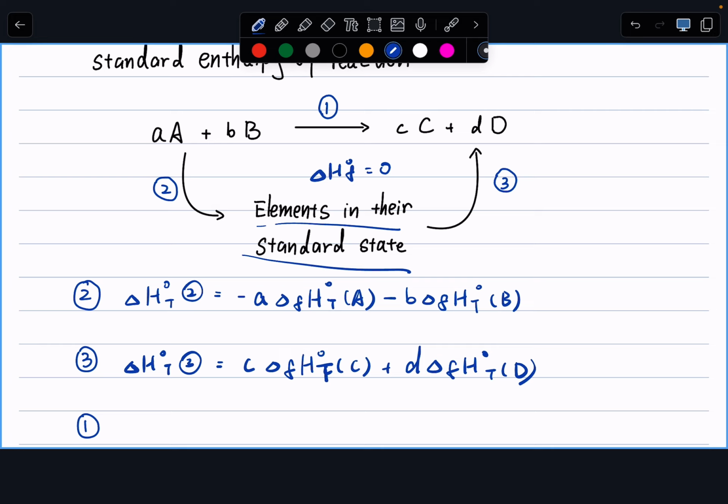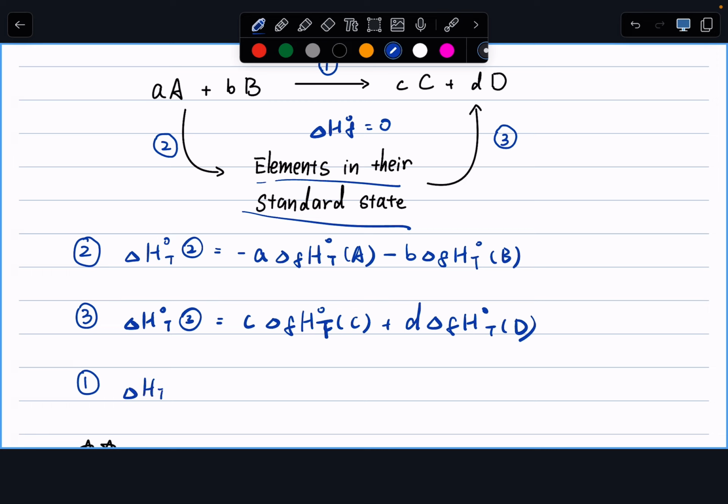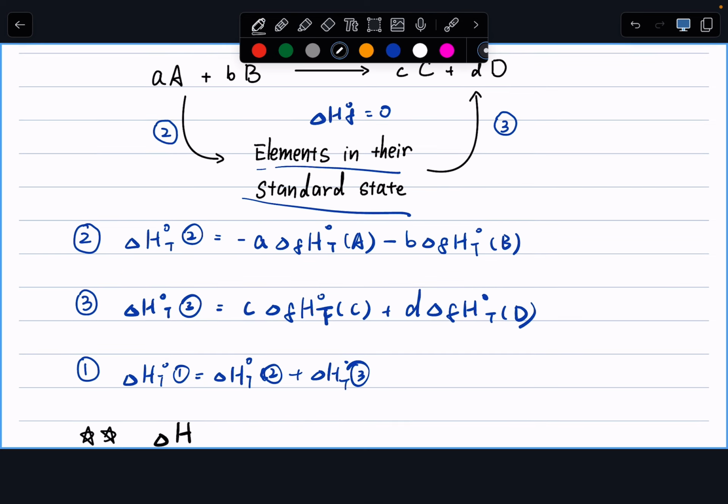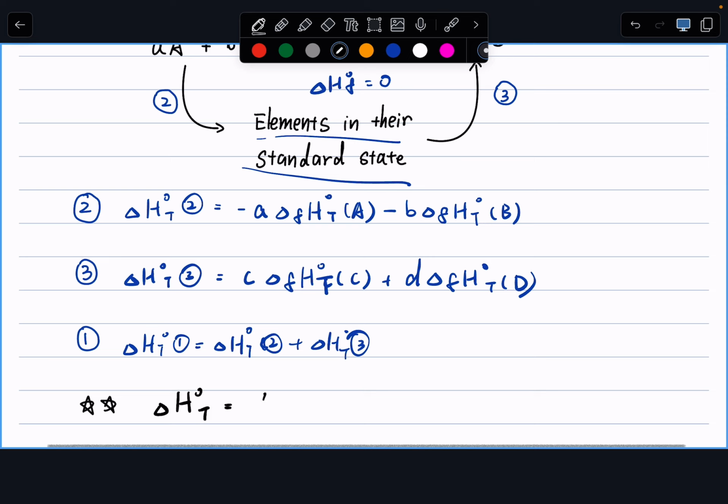Overall, if we add your processes 2 and 3 together, you get your process 1, which is the one we're looking for. So process 1 equals delta H naught 2 plus delta H naught 3. We end up getting the overall reaction equals the sum of your stoichiometric coefficient times the heat of formation of each species.